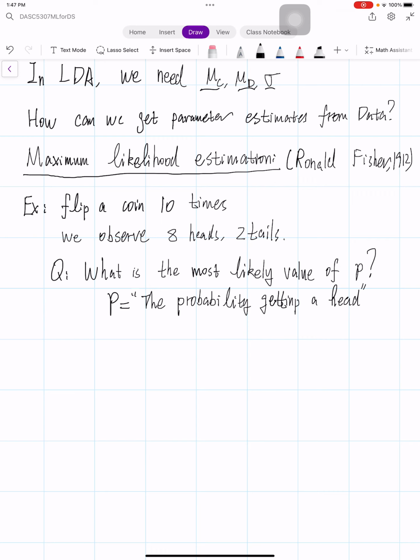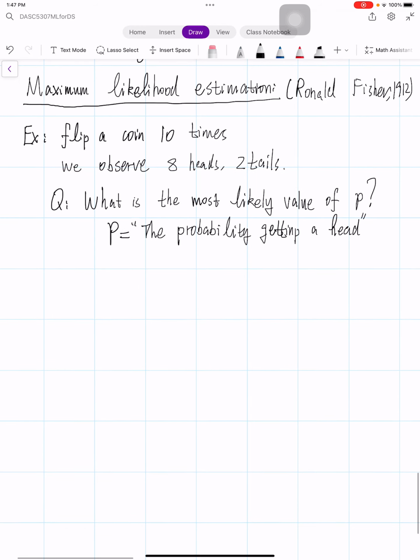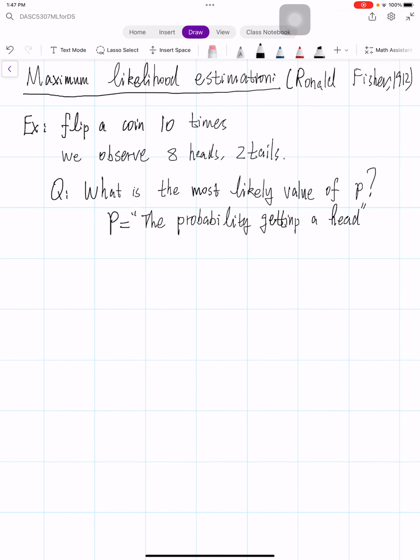Okay, so how do we answer this question? We need to assume some distribution first. So we assume we have some data, x1 to x10, which are the results of the flips. We assume they follow an IID binomial distribution. The binomial distribution has 2 parameters: n is how many times we flip the coin, and p is the success rate.